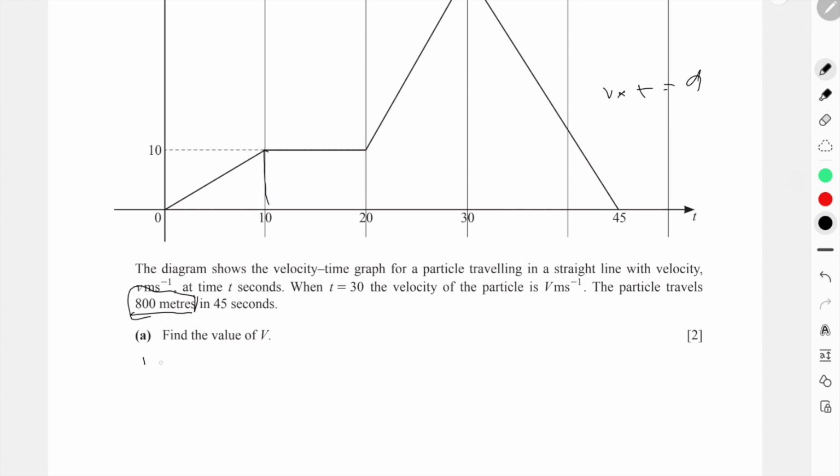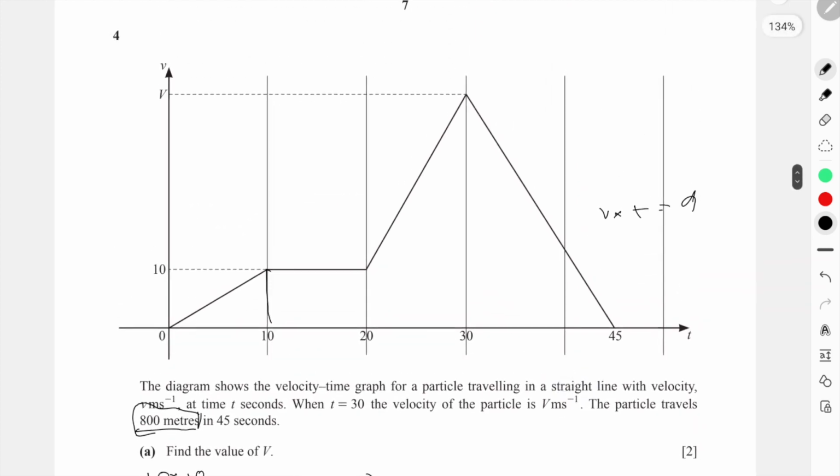So now let's break this down. We have 10 into 10 divided by 2 plus 10 into 20 minus 10, plus, let's see how we can break this. So first let's break it here and here.